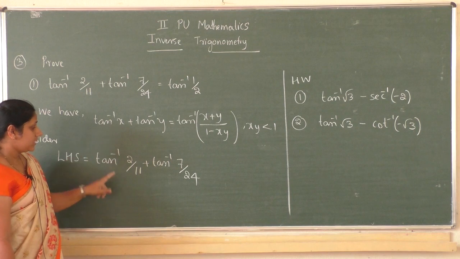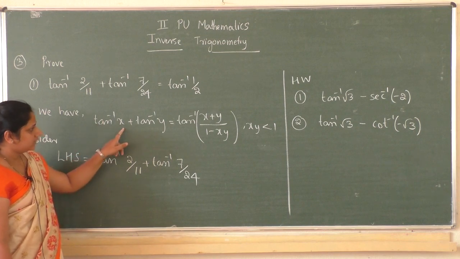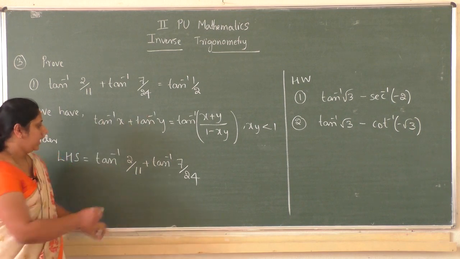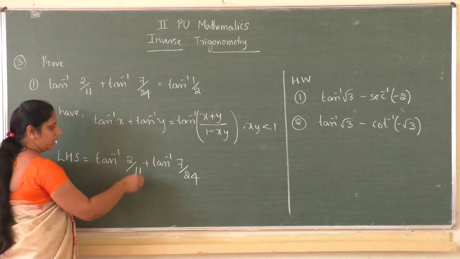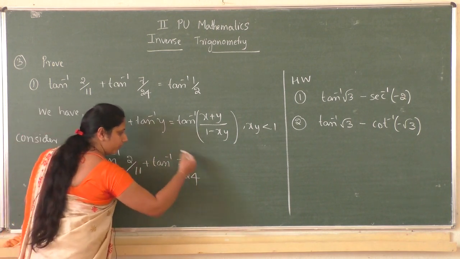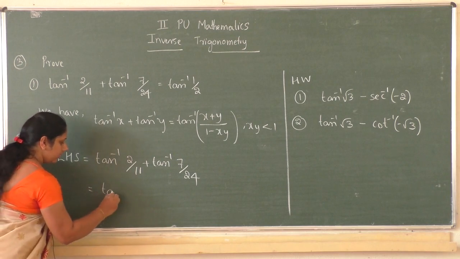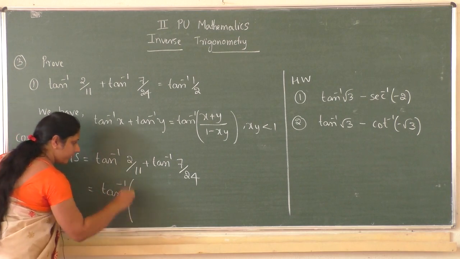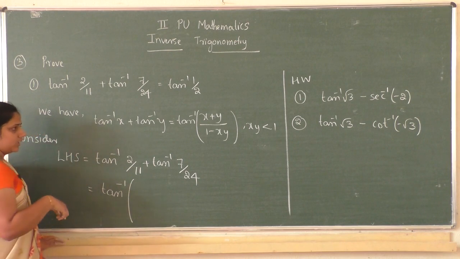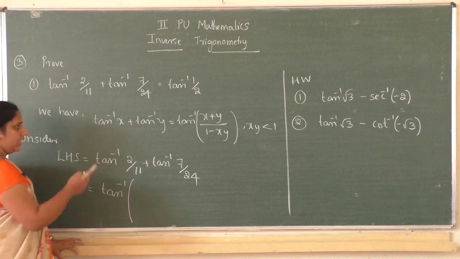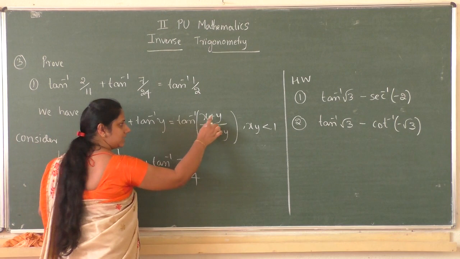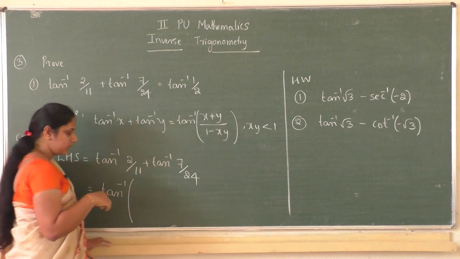Now see this term properly. It is same as tan inverse x plus tan inverse y. In the place of x we have 2 by 11. In the place of y we have 7 by 24. Now we will apply the formula. So what is tan inverse x plus tan inverse y? It is tan inverse of x plus y by 1 minus xy.